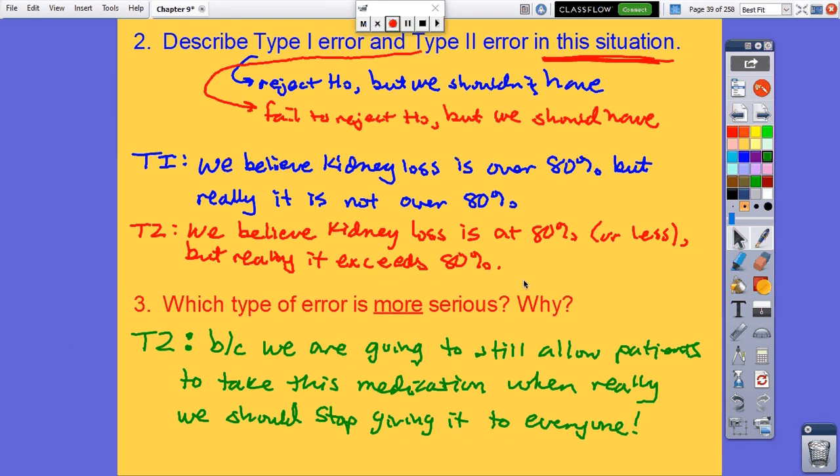It's not good, right? Again, in the one case, we're getting rid of a good medication, and some people might go, well, what if we get rid of this medication that was really okay for them? Well, now these people are maybe going to suffer in a different way. Well, that's true. So it depends on how you want to present your argument. But I would argue that probably the type 2 error is the worst one, that we're going to continue giving them medication that's really not good for them.